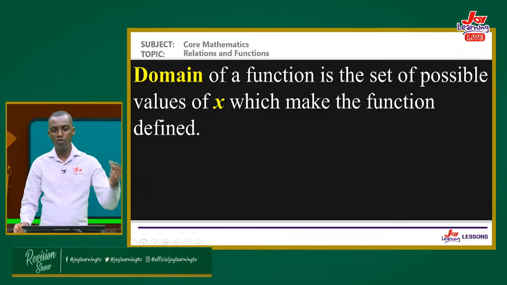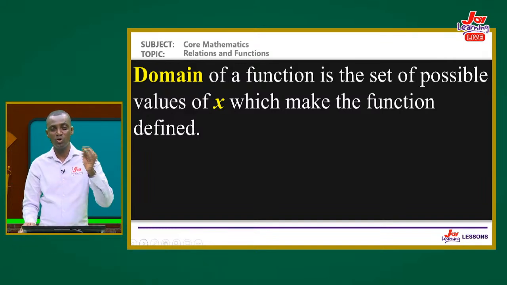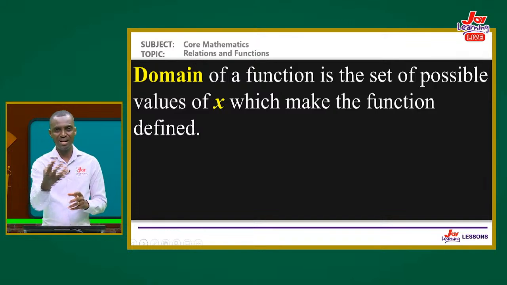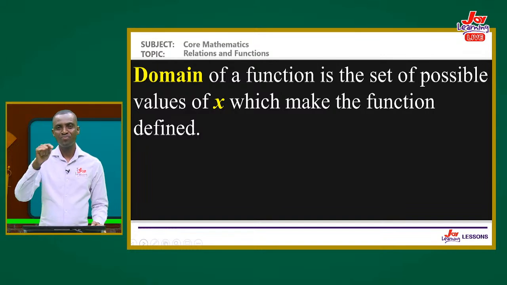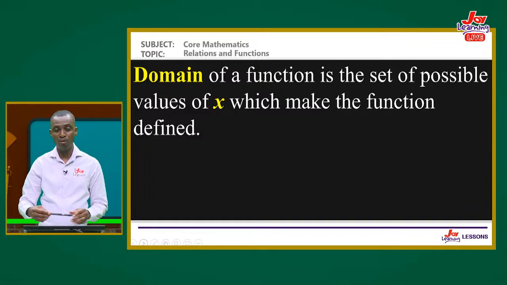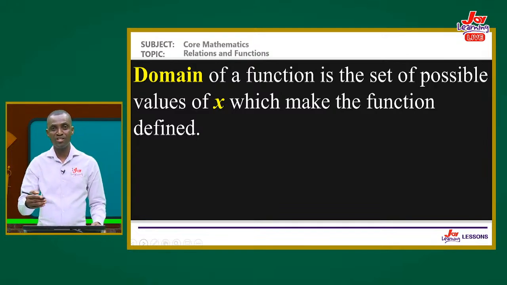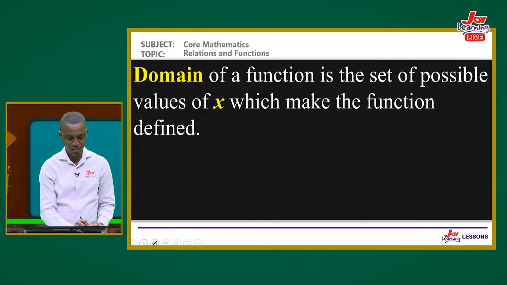But if you put the corn in there rather, then the corn becomes the rightful material that can go into the machine. Then corn becomes the domain, because the system accepts it and gives you an output. And so a situation whereby the element that goes into the machine cannot give you an output, then that element will not be called domain. So domain are all elements that go into the function and make the function possible or defined, so it can give you a possible output.